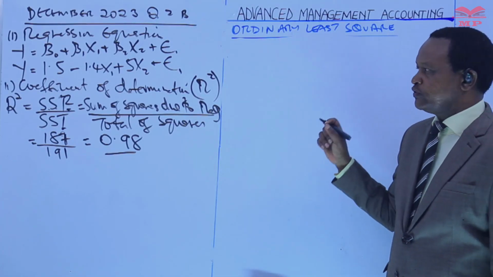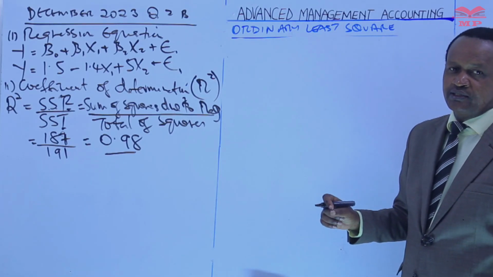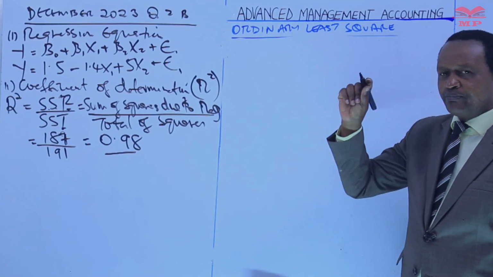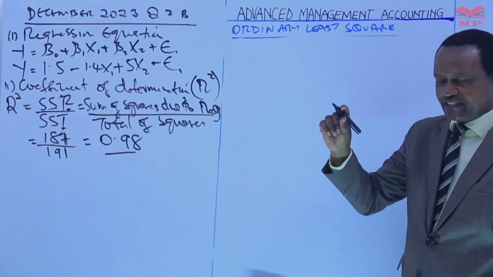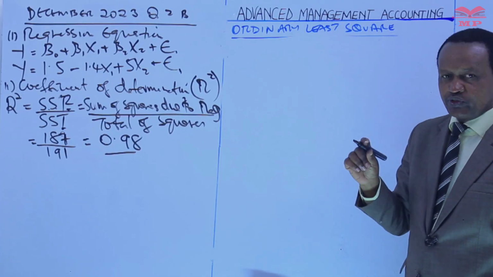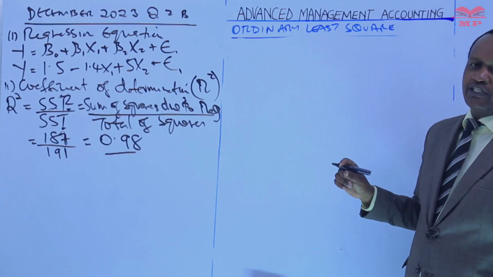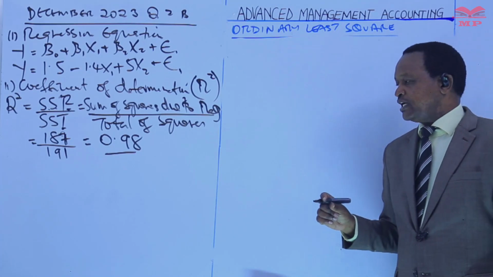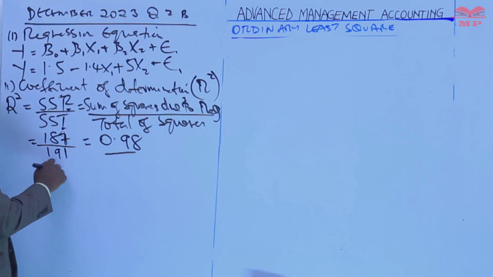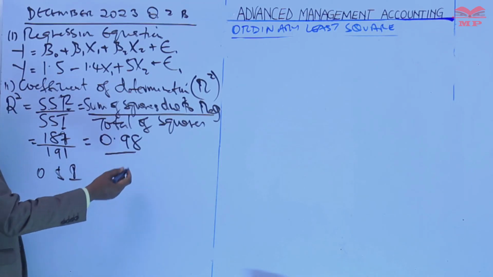The coefficient of determination, r squared, ranges between 0 and 1. So you can see this one is 0.98. It is close to 1.